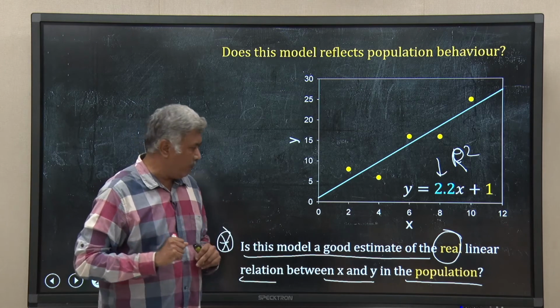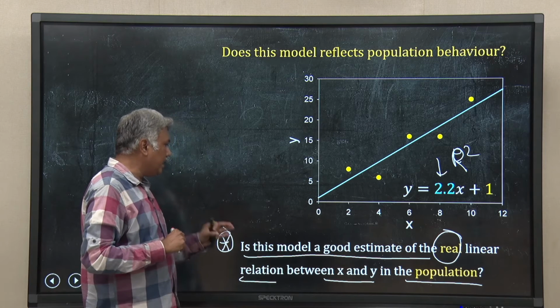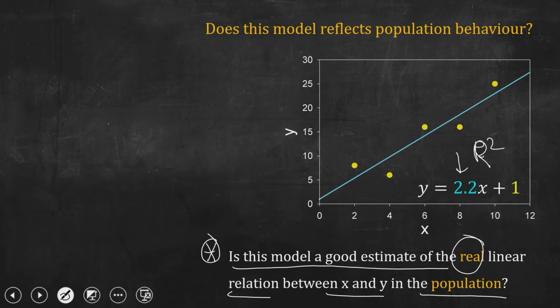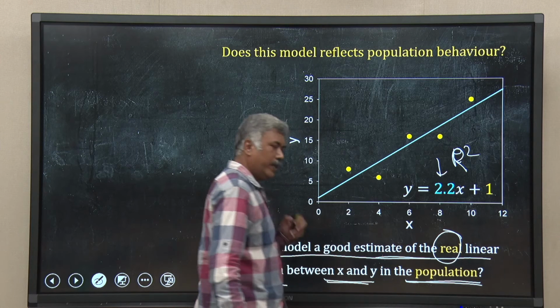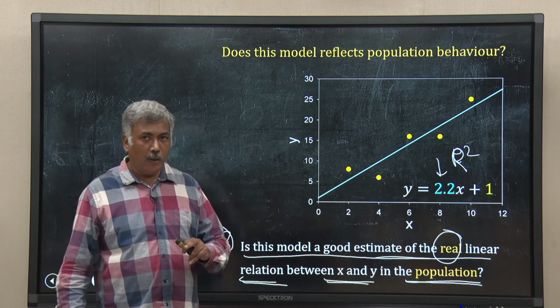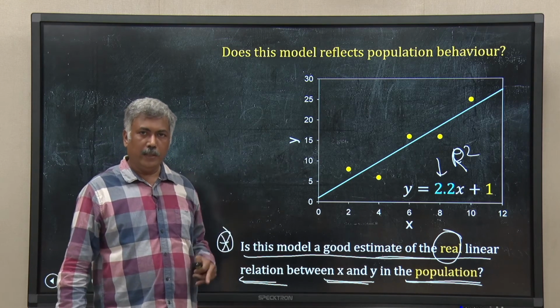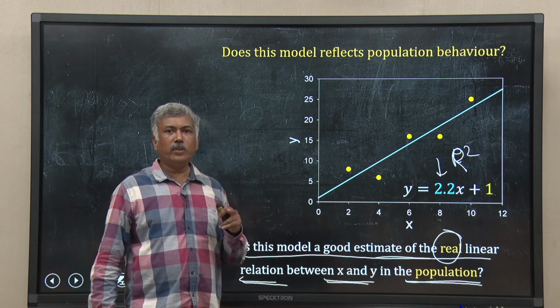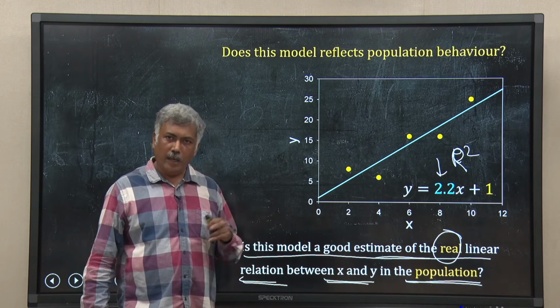Please recheck that once again. So, I have to jump from the sample model to the population model, and that is why I have to use test of significance or test of hypothesis.